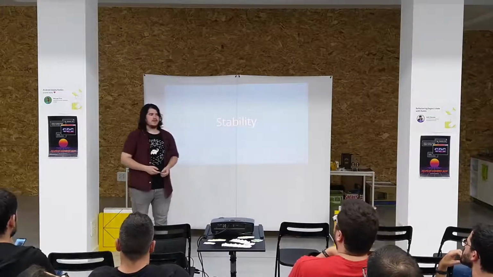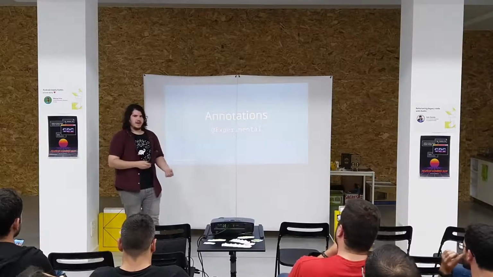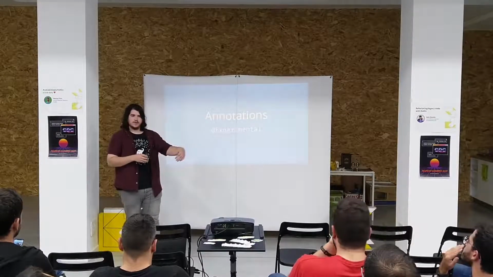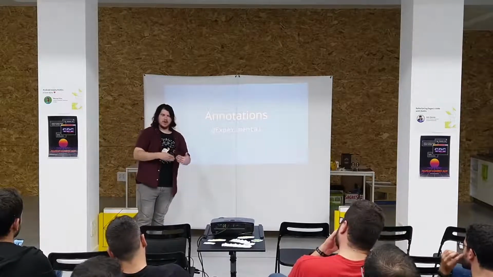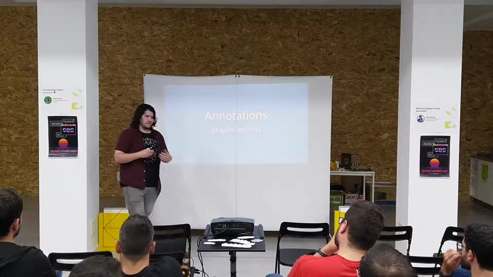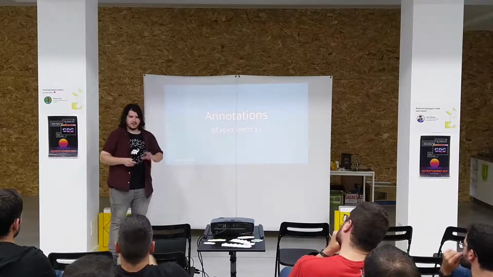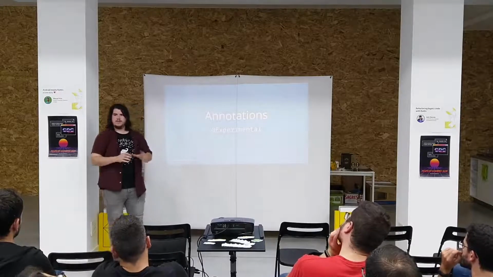So the difference with coroutines is that they're using annotations to denote the stability of the API. So you have stable components, which are the core fundamental parts of the API, and then parts that are still undergoing development have this experimental annotation. And this is really nicely done because it marks different types of experimental.